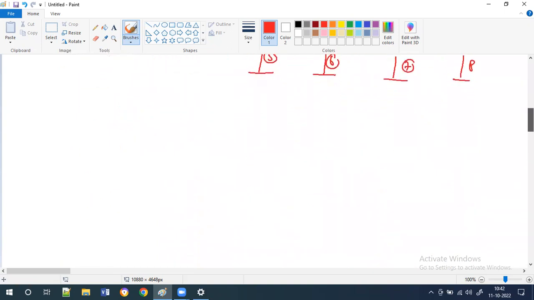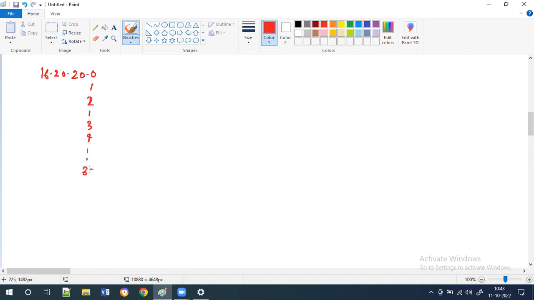Then we also understood each subnet. In each subnet, if I write down the first subnet, 16.20.20.0, 1, 2, 3, 4, then 31.